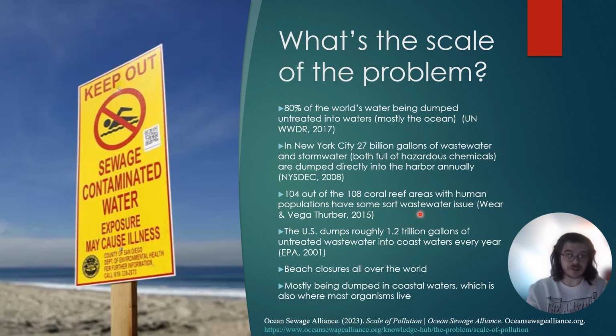Out of these 108, 104 of them have some sort of wastewater issue. That's incredible. And then the US alone dumps roughly 1.2 trillion gallons of untreated wastewater into the coast every year.